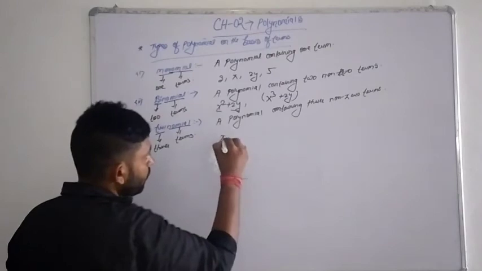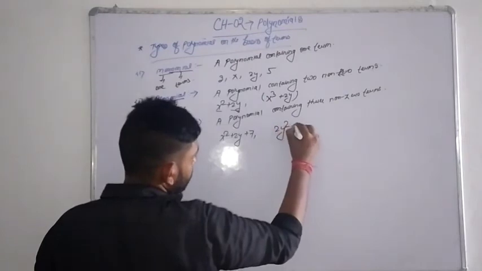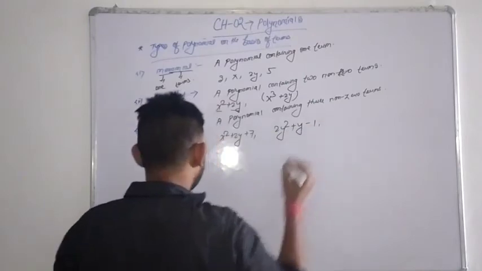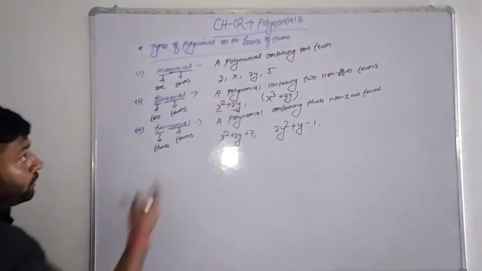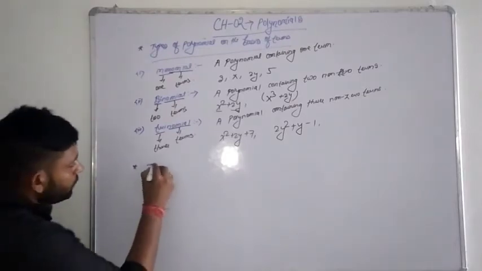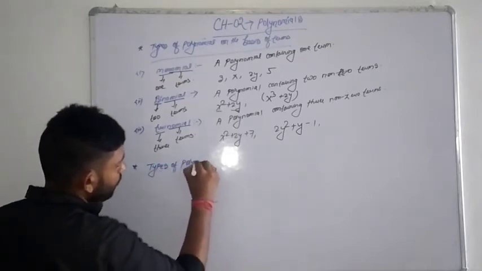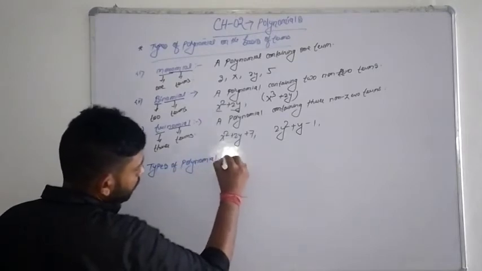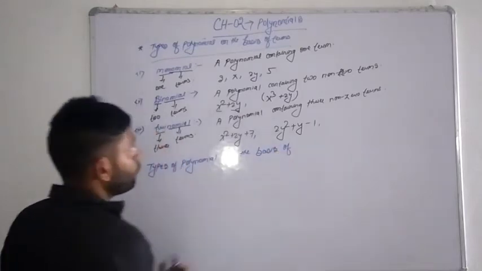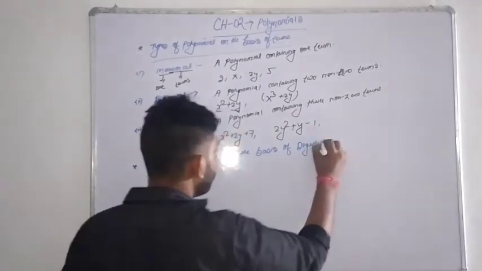For example, x plus 2y plus 7, or 2y squared plus y minus 1. Now, that was on the basis of terms. Now the types of polynomial on the basis of degree, that means higher power.